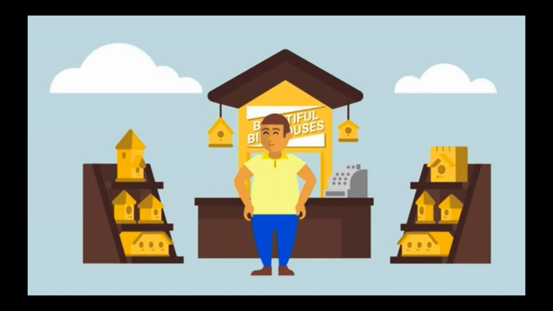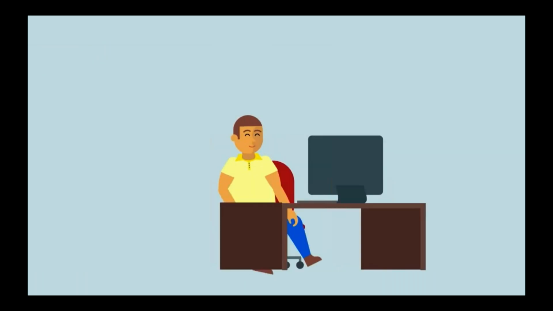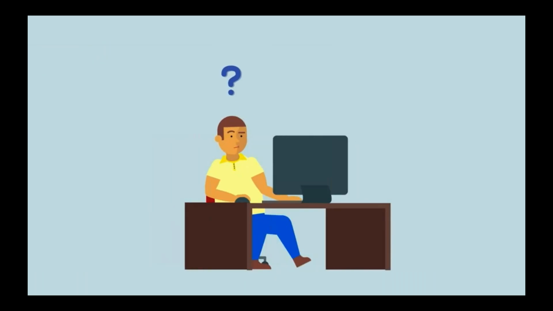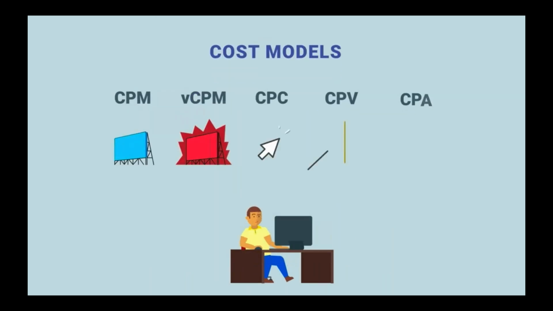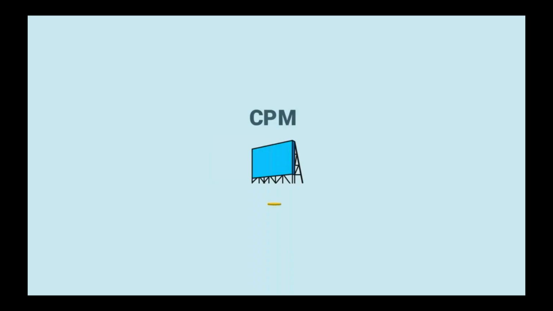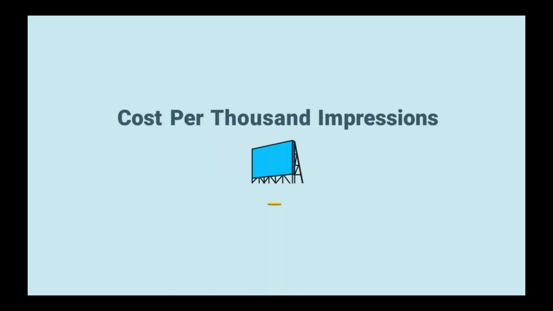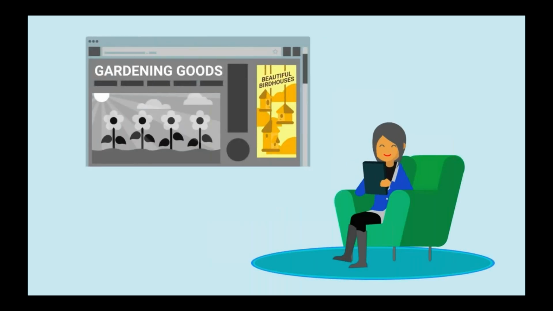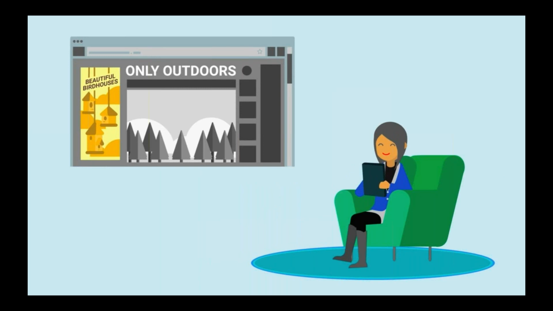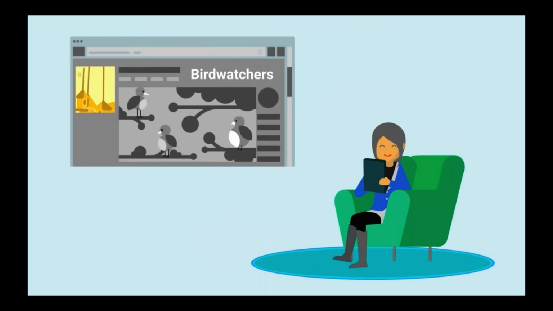So you're ready to start buying ad space, but not sure about the best way to do it. First, you have to understand the different cost models and the benefits of each. These are the 5 most common cost models that advertisers and agencies use. Let's start with CPM, or cost per thousand impressions. Using CPM is basically like paying website publishers to plaster ads for your company all around the internet.